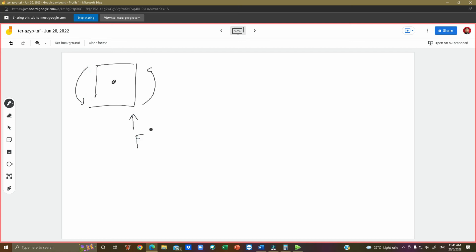So the distance is actually, ni distance dia. Bila kita nampak satu force macam ni, we need to draw a straight line and then we need to draw another straight line in the same direction as the force being applied, but this line need to be intersect with the axis of rotation. So the distance between this line and the line of force, ini dia punya D ataupun dia punya radius. Okay, next.